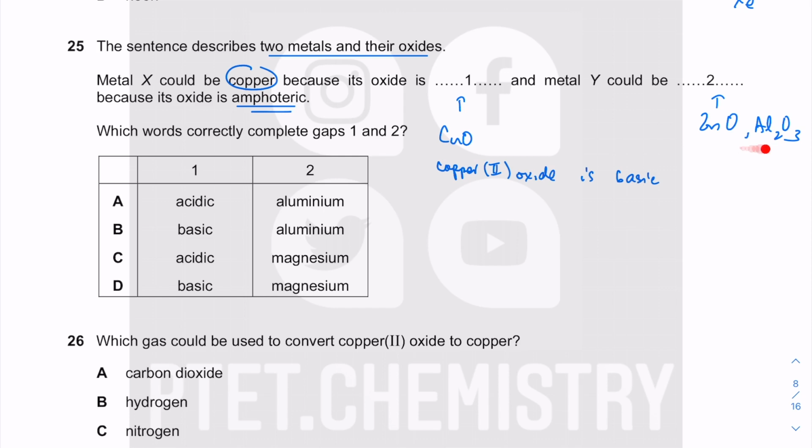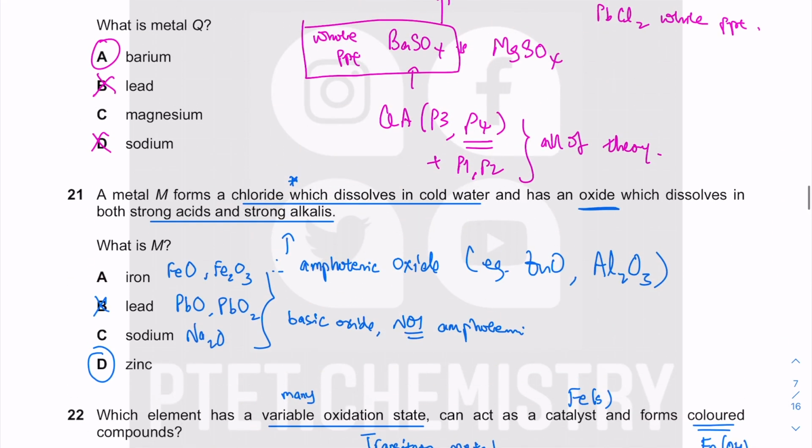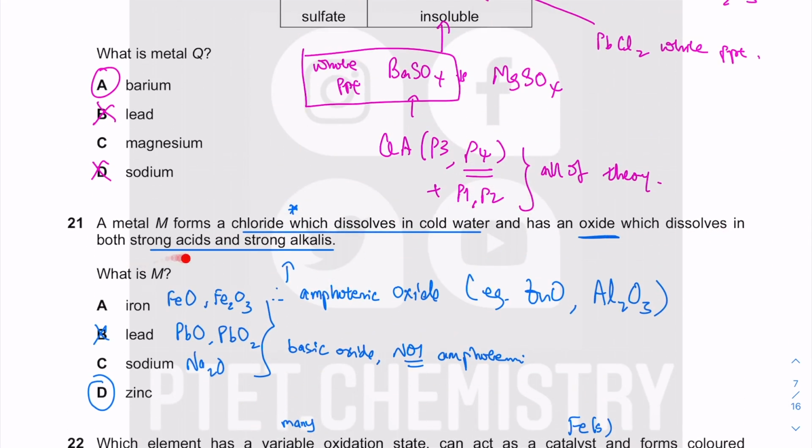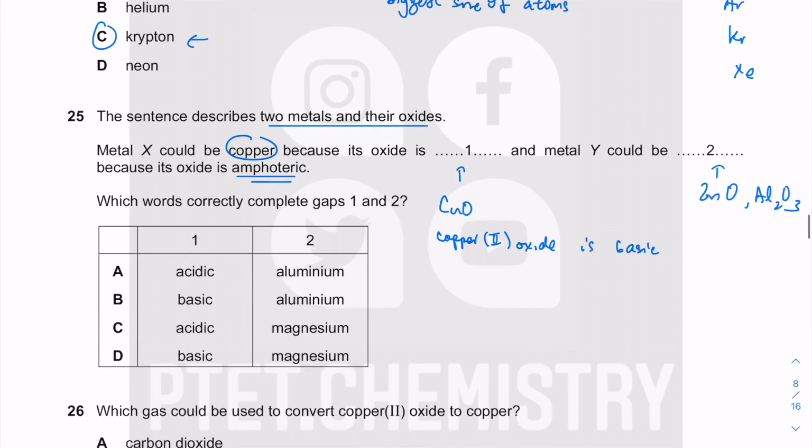It reacts with both acids and bases. It has an oxide which dissolves in both strong acid and strong alkali. We're looking for an amphoteric oxide, of which there are zinc oxide and Al2O3 based on your syllabus. There's no zinc there, just aluminium for option 2, so it has to be aluminium. And then the first one, copper 2 oxide is basic, so it's B there.